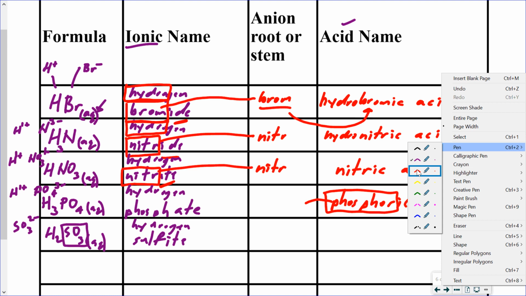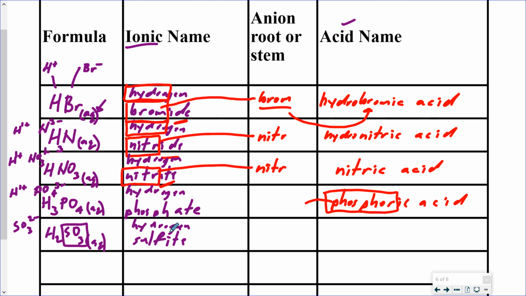Now we just need to realize that it's the last rule that we're talking about. We have the ending ITE. We don't use hydro in the name, but we do need this here. Oh, and this is the one that's kind of weird. It's not just SULF. This is one where, again, just because it sounds better, we're actually going to use the full word sulfur.